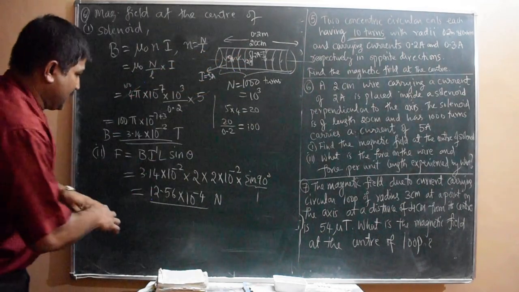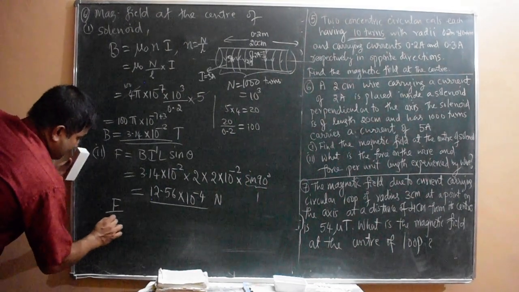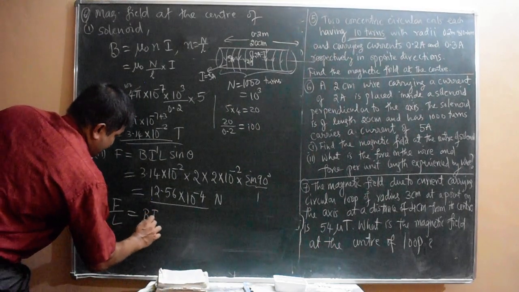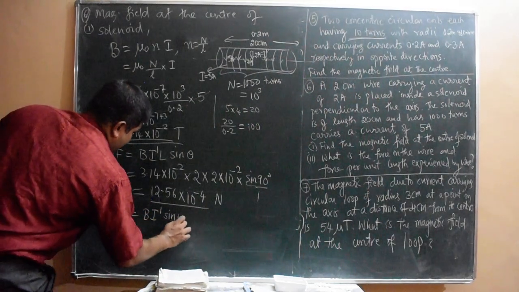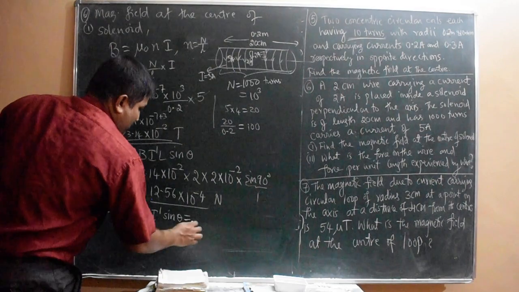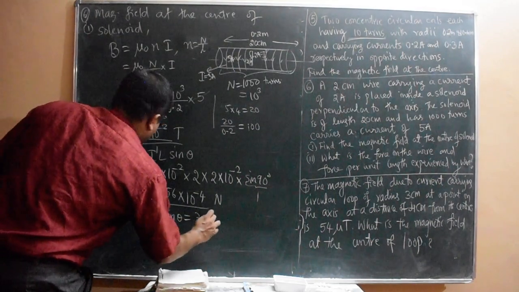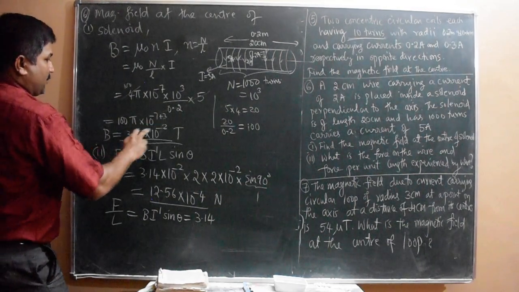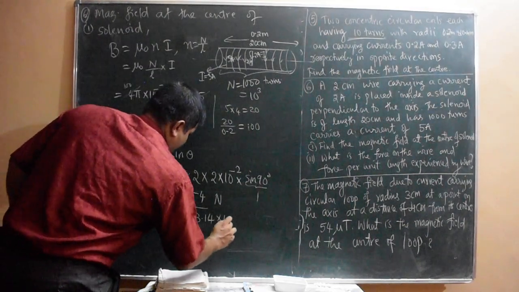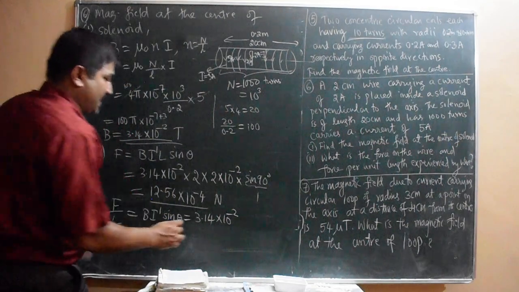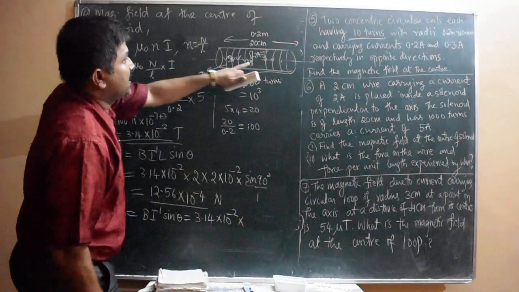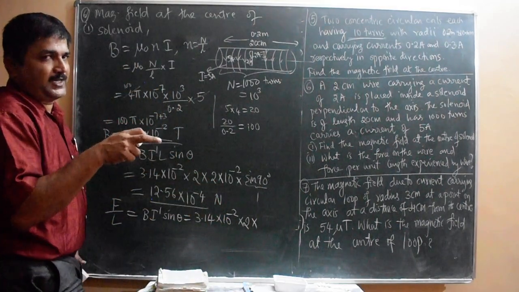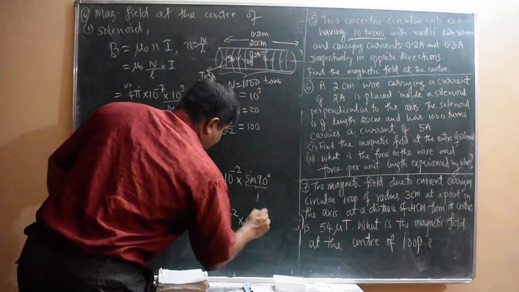Lastly, the force per unit length, very simple, F by L. Taking L to the LHS, that is B I dash sin theta. The B value we calculated is 3.14 into 10 power minus 2, and the current I dash in the wire is 2 ampere, into sin 90, which is 1.